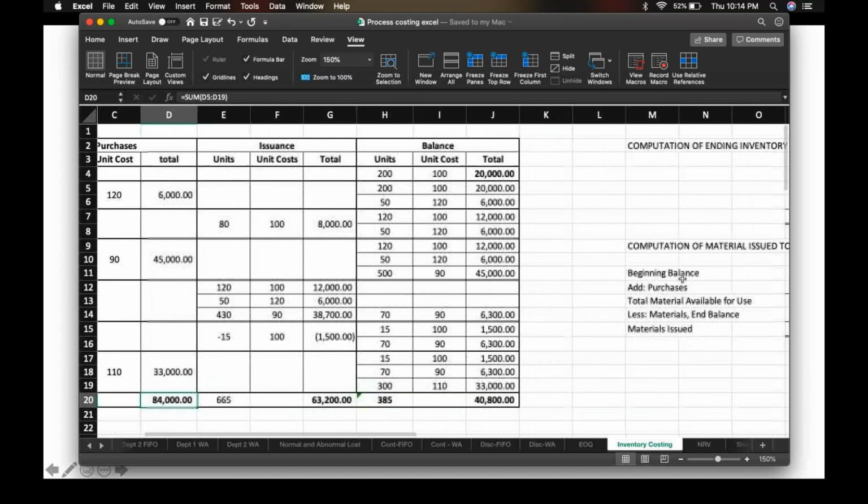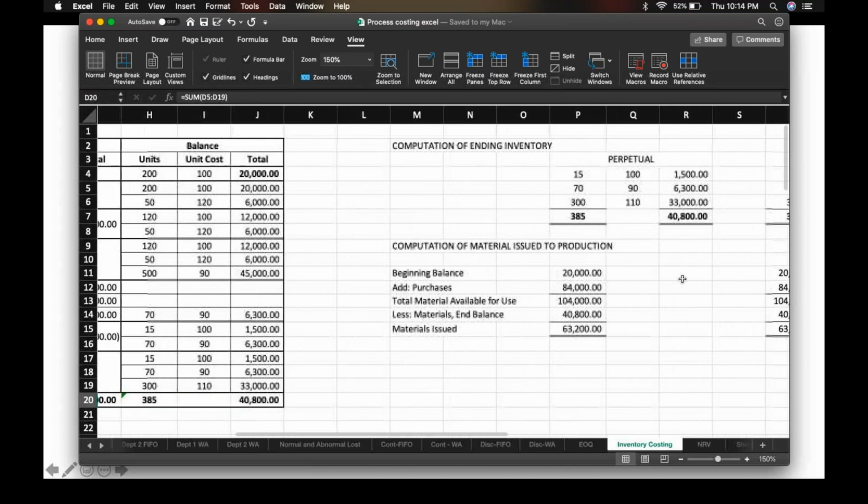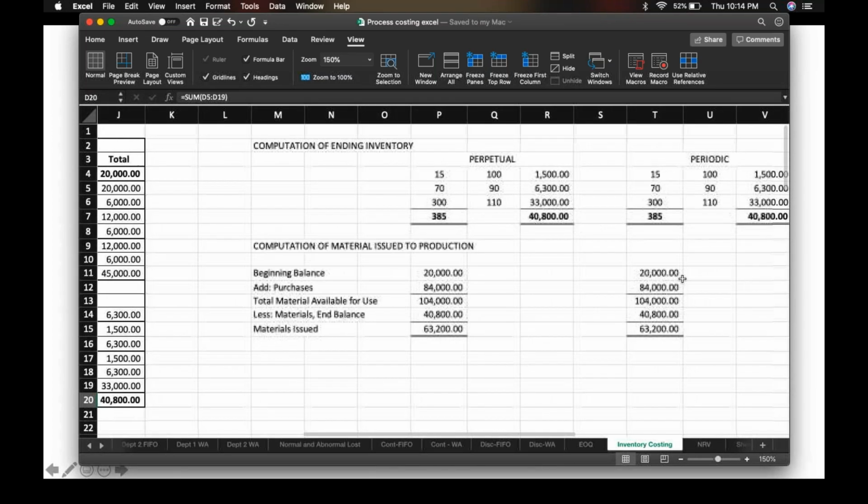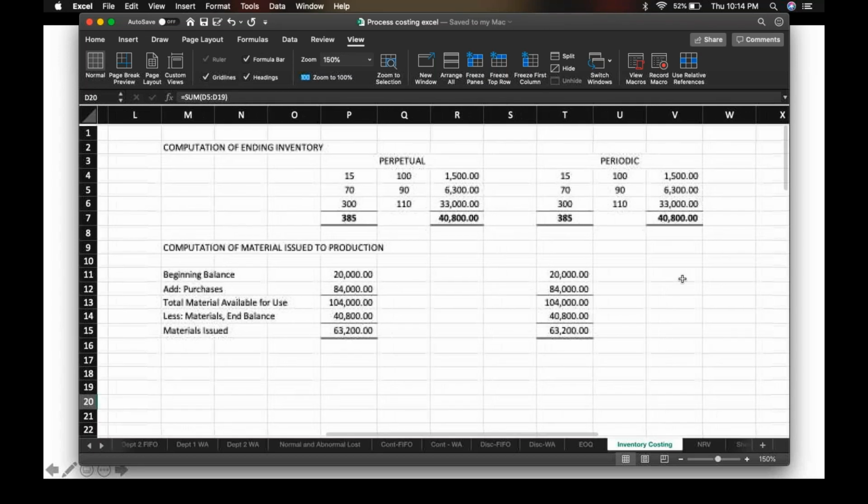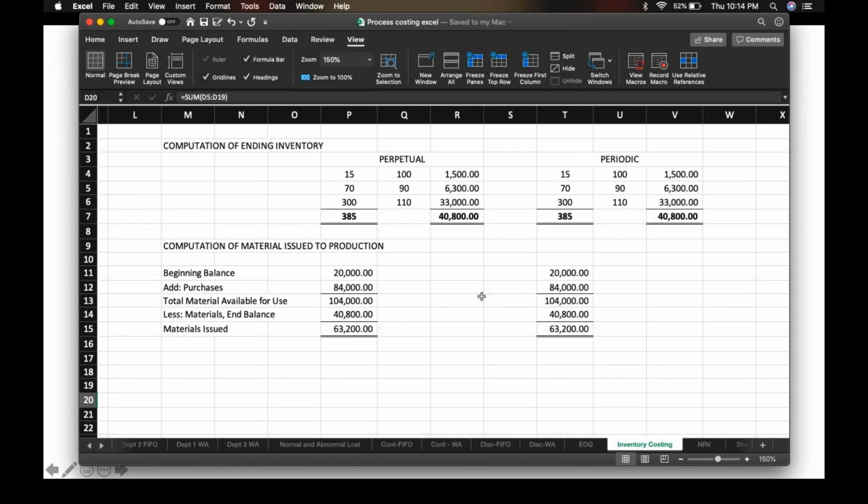Now let's compute for the ending inventory under perpetual and periodic system using FIFO. So dahil first in, first out, our number of inventories in our warehouse is 385. Sa 385 na yan, yung 300 doon, 110, because that is the last inventory that was transferred in.